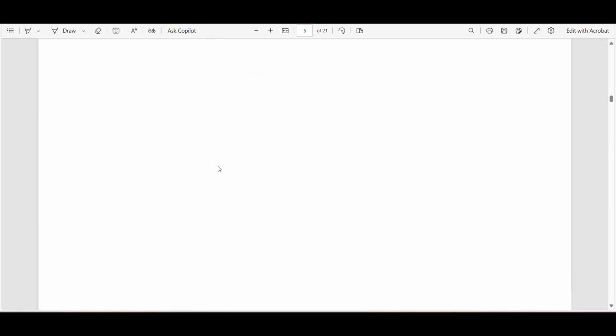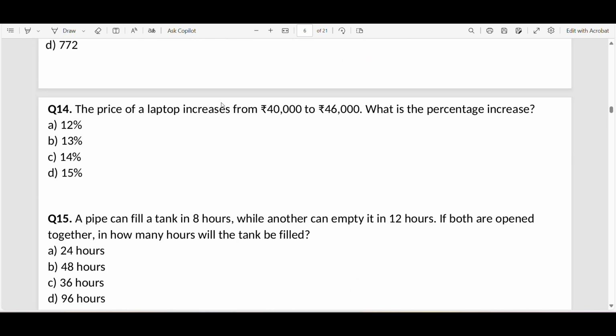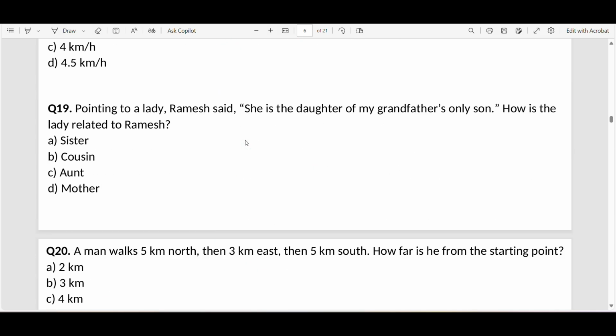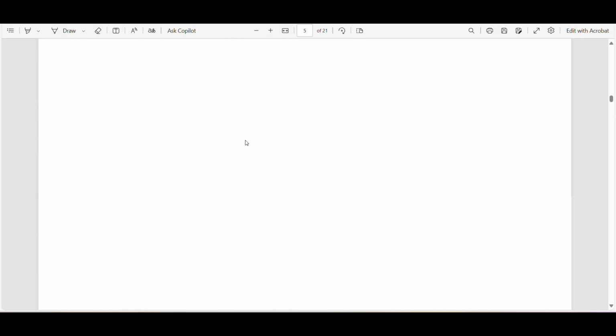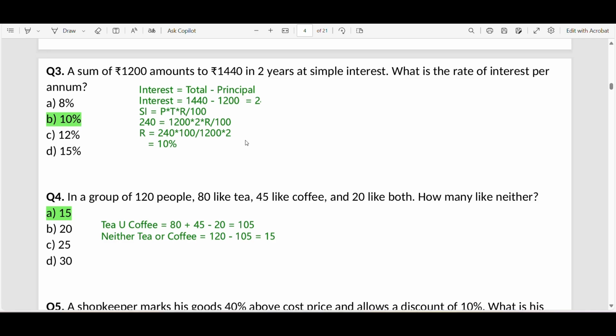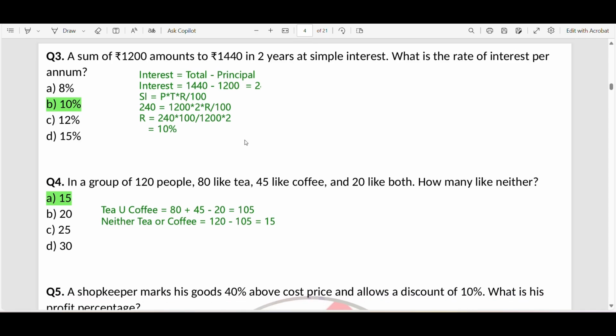So that's why I'm not going to write it once more. Because we have n number of questions, some 20 plus questions, that's why I'm not writing the questions again. So, yes, here we are having the sum of 1200. This is the principal amount.